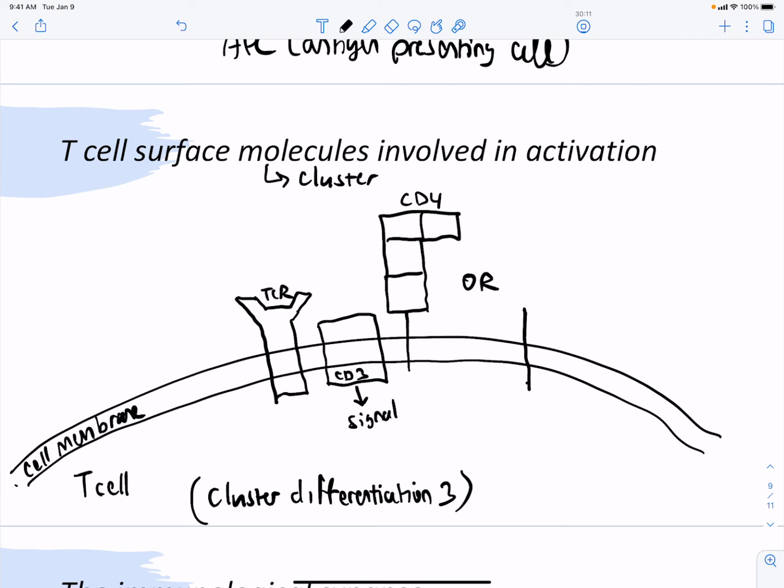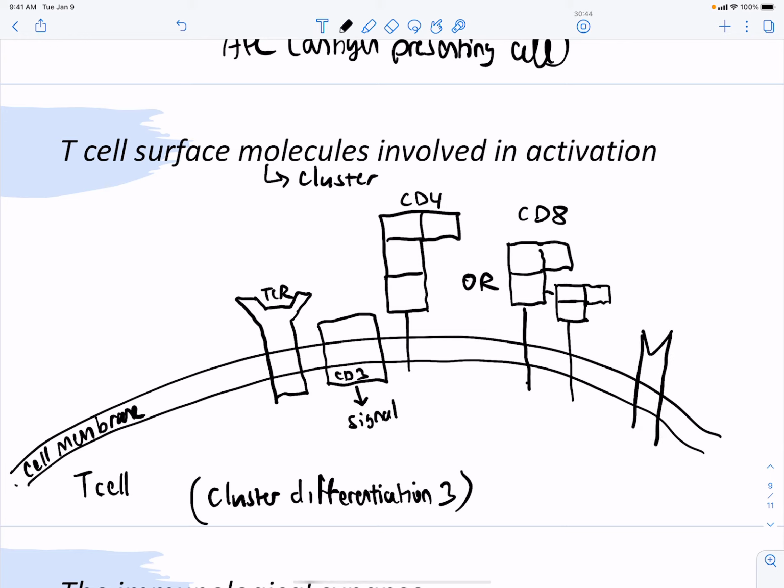We're going to have 2 parts to this 8. Okay, so this is cluster differentiation 8. And then you're going to have a series of what we refer to as adhesion molecules.